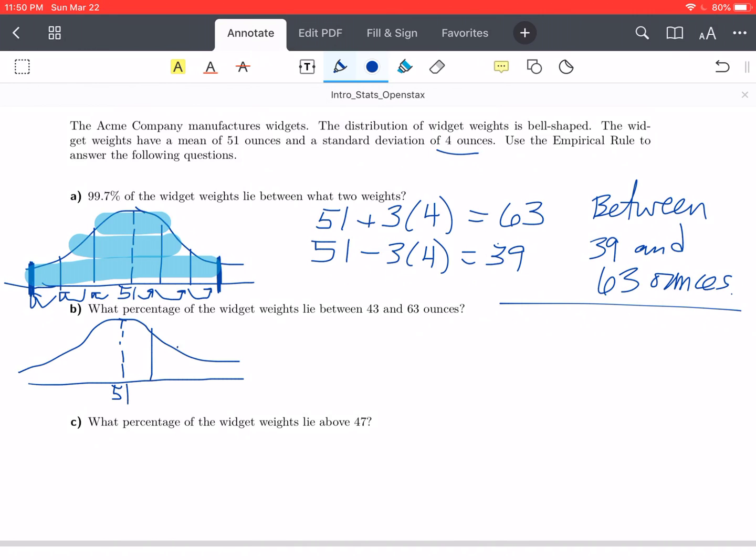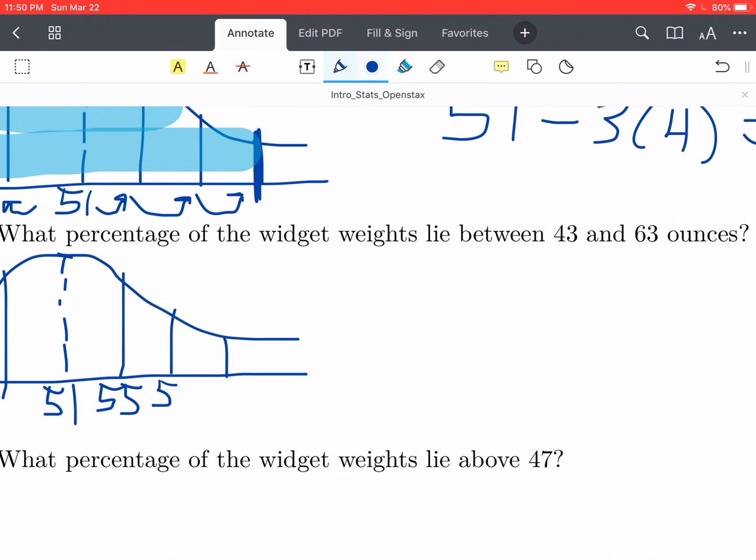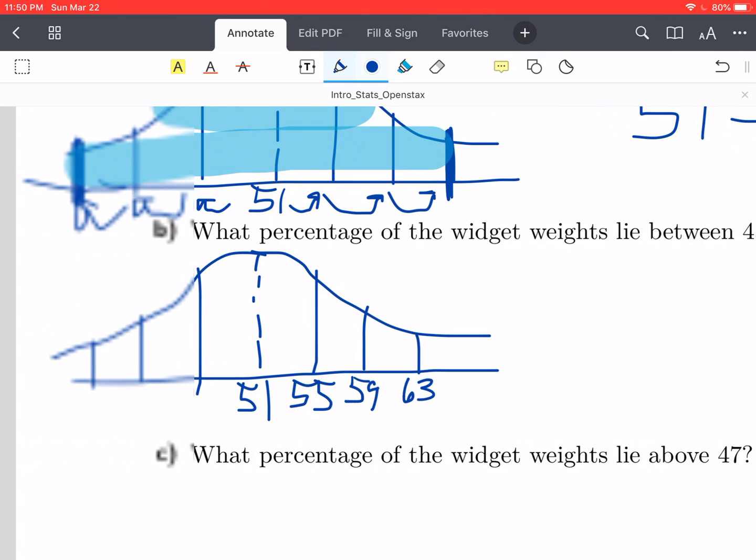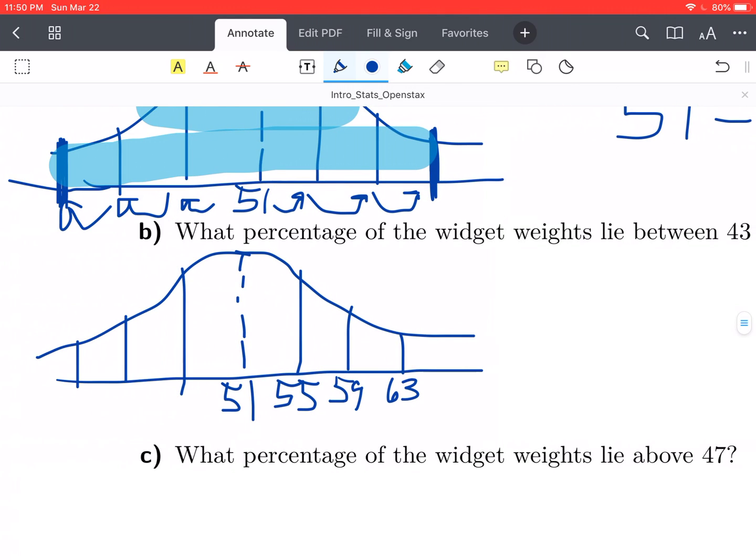Now if we look at the standard deviations and their values, as we go up 4 each time, this one is 55, this one's 59, this one's 63. Going down 4, that's going to be 47, that's 43, and that is 39.